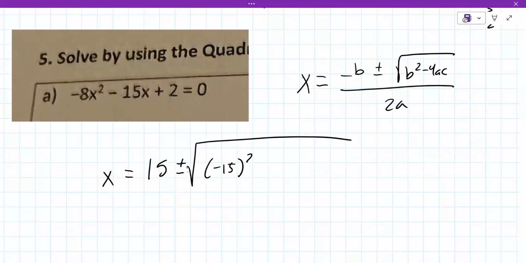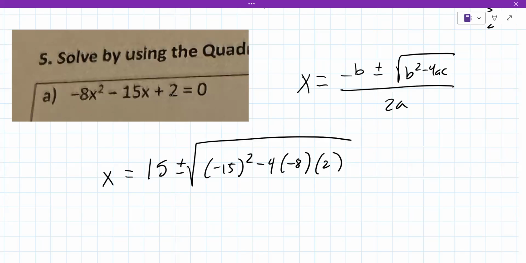So it's 15 plus or minus the square root of -15 squared minus 4 times -8 times 2, over -16.